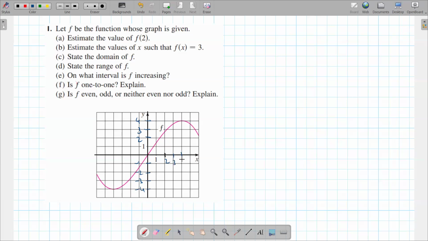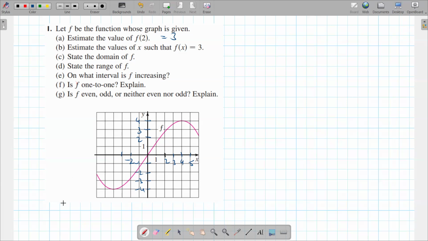f(2) is around 3. Yeah, done. B, find the value of x such that f(x) is positive 3. So which x values give you a y value of positive 3 is the question. 2.